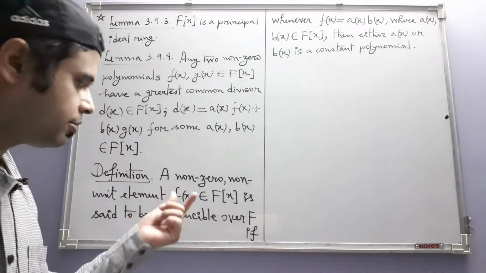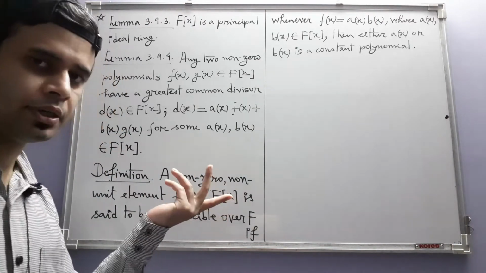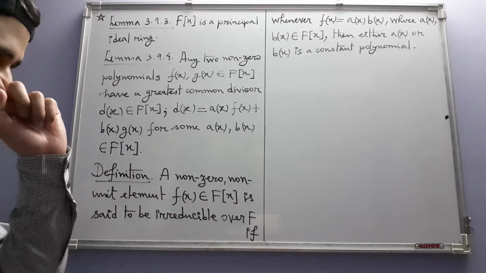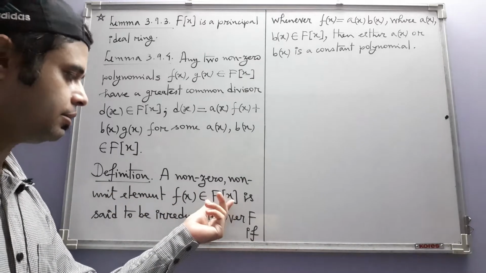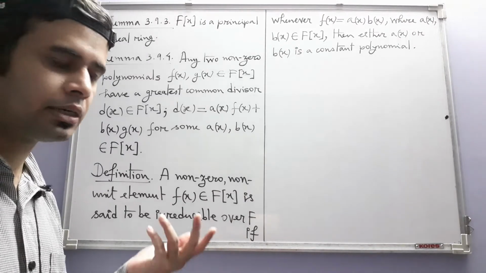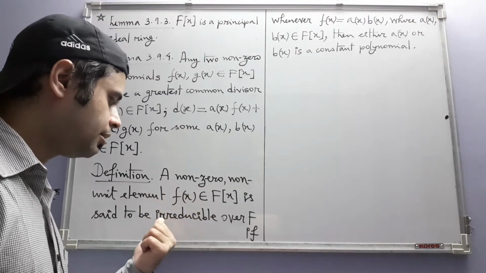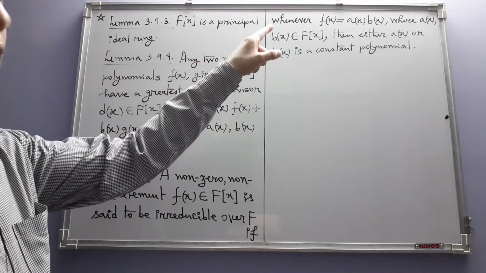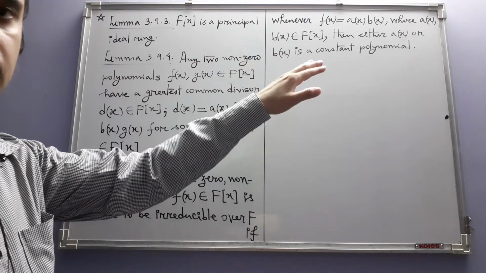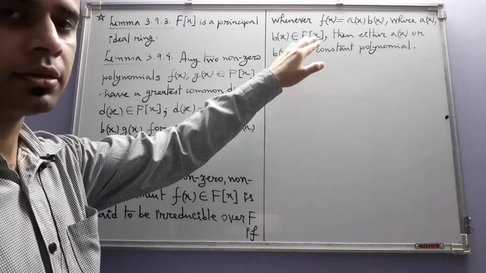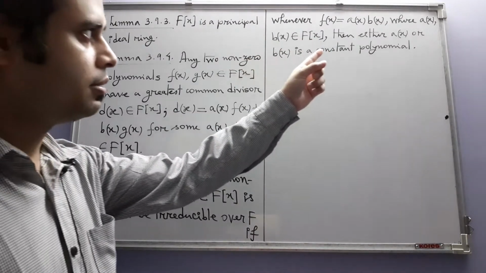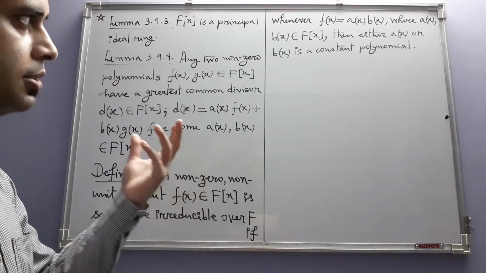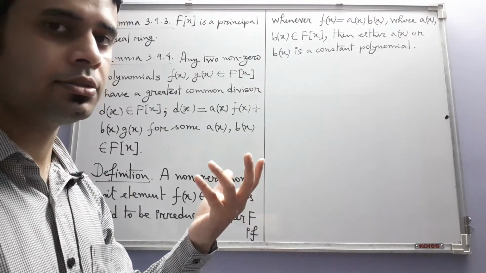That means if you take a polynomial from F[x], if it is non-zero, at the same time if it is non-unit, that means it's not a unit in the ring F[x], it has no multiplicative inverse in F[x], then such a polynomial is said to be irreducible over the field F if whenever you are able to write f(x) as a product of two polynomials which themselves are of course coming from F[x], then exactly one of them must be a constant polynomial, that is exactly one of them must have degree 0.